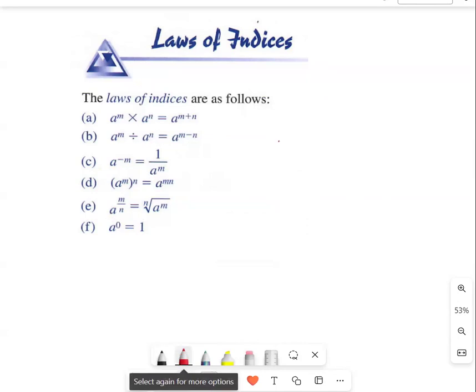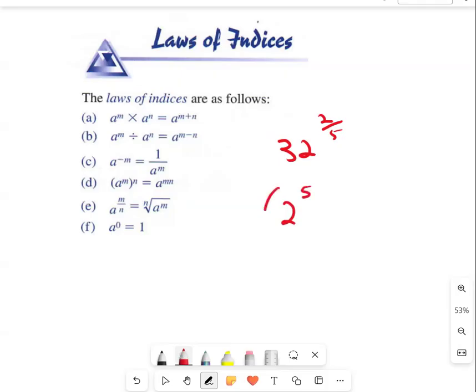What was that? 32 to the 2/5. So 32 is really what? 32 is 2 to the 5th power. So when you multiply that out, you get 2 to the 2nd power, which is 4. What craziness was I doing?